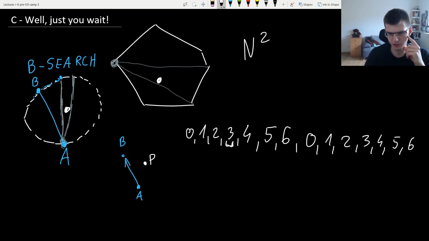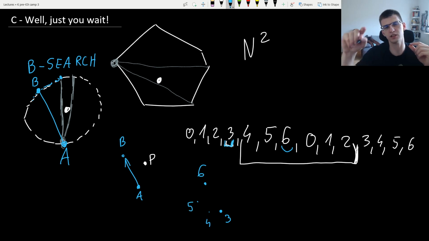And then for point 3, what you do is you binary search in this interval. You here binary search the first point, B, such that looking from third point to that one, let's say from point 3 to point 6, and assuming that things are sorted clockwise.